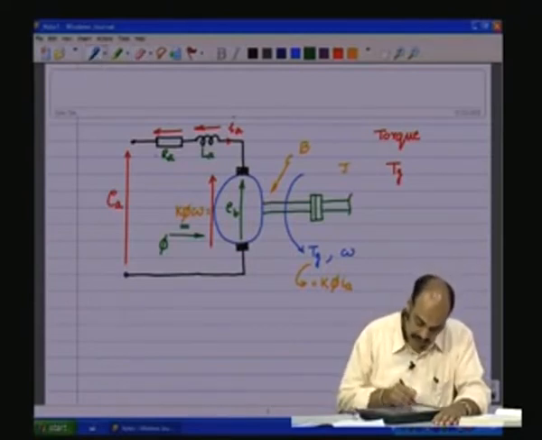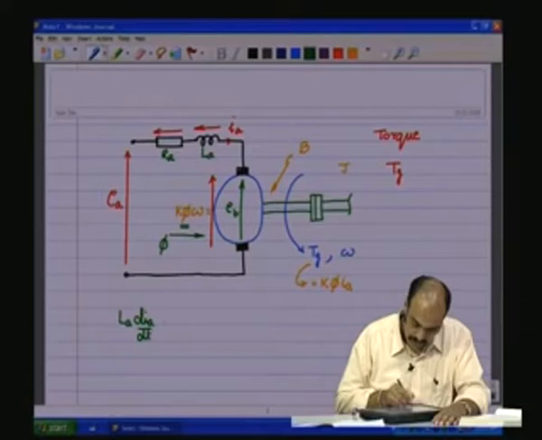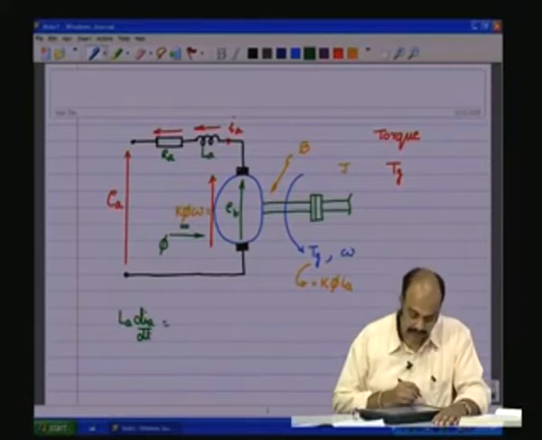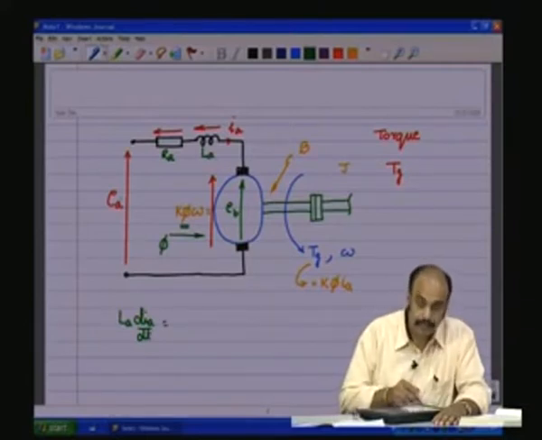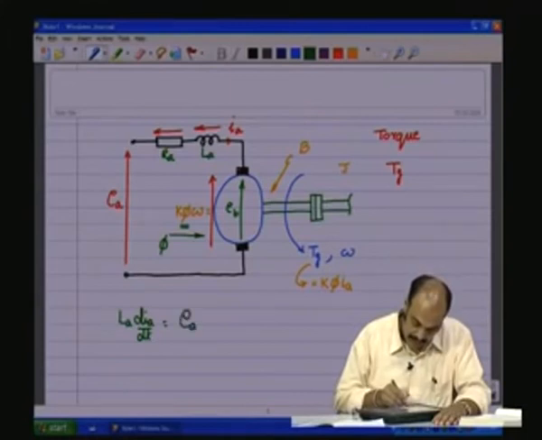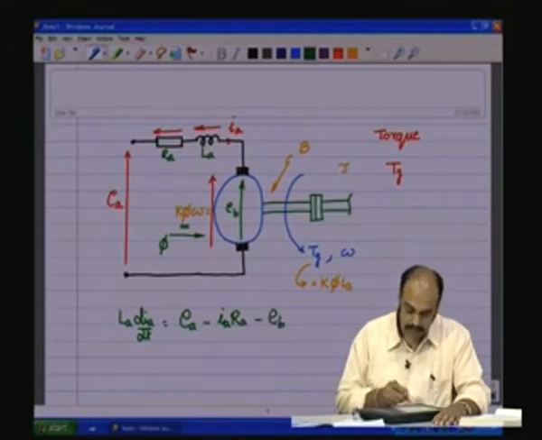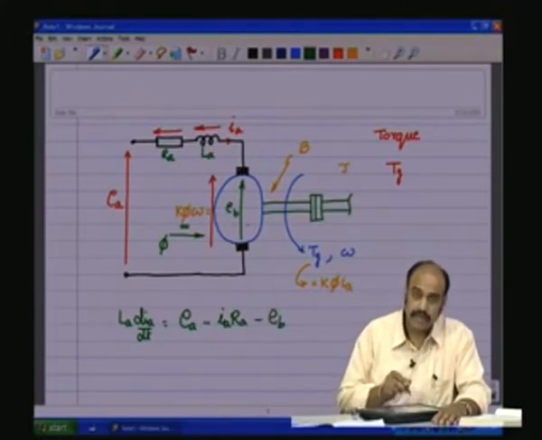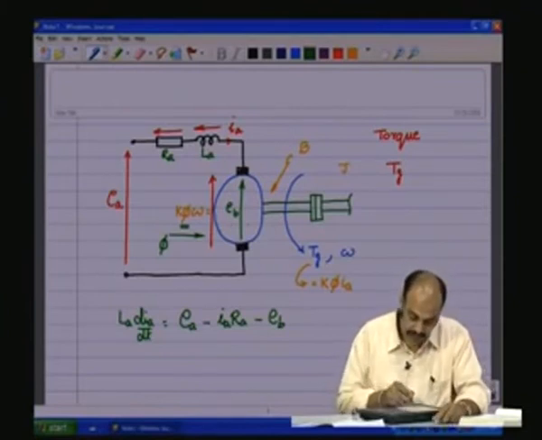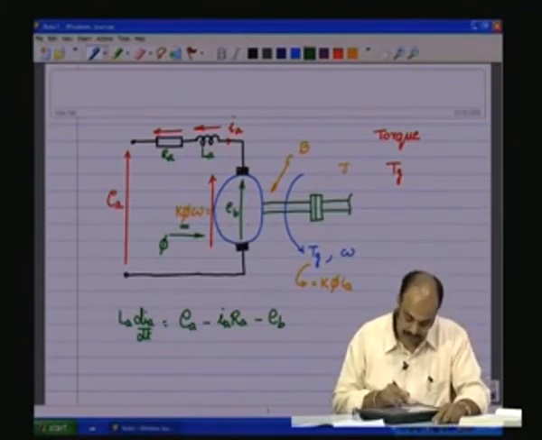Now, the electrical domain side first. So, we have L A d I A by dt. The voltage across that is E A minus I A R A minus E B. But E B can be expressed in terms of the state variable, which is given by k phi omega.